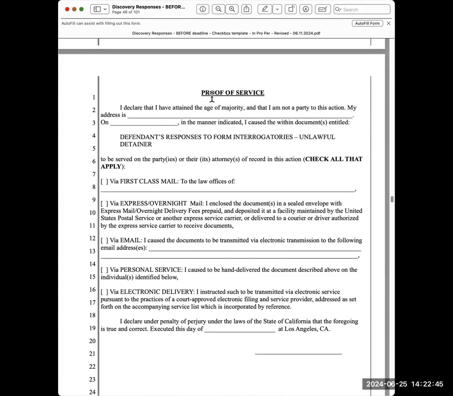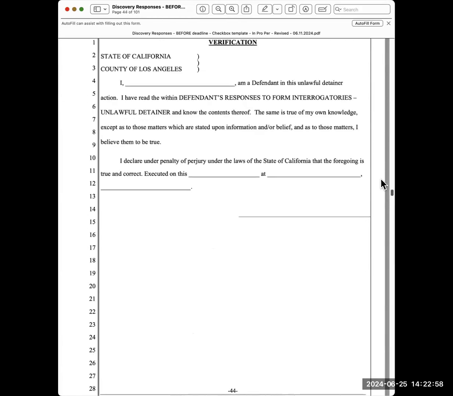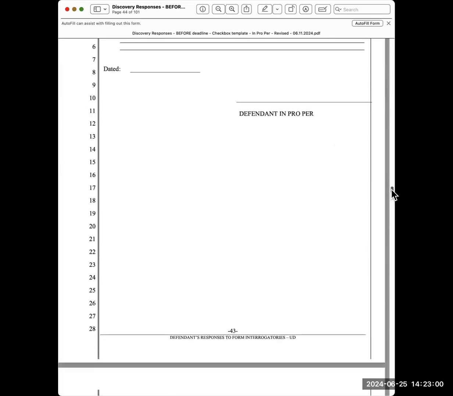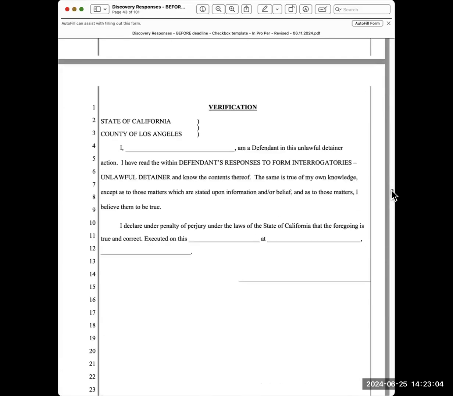That person should put their address and the date, and the dates of proof of service should be the same dates as the verification and the dates you sign here. All of this should happen on the same day.